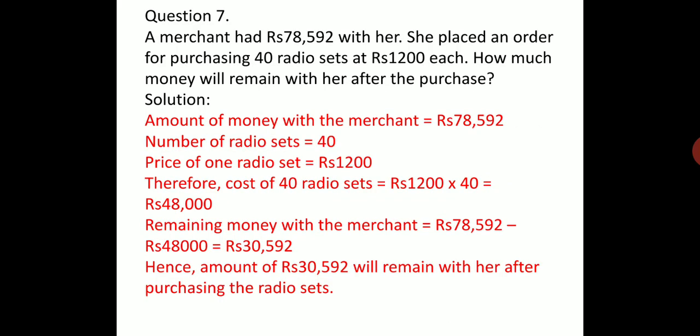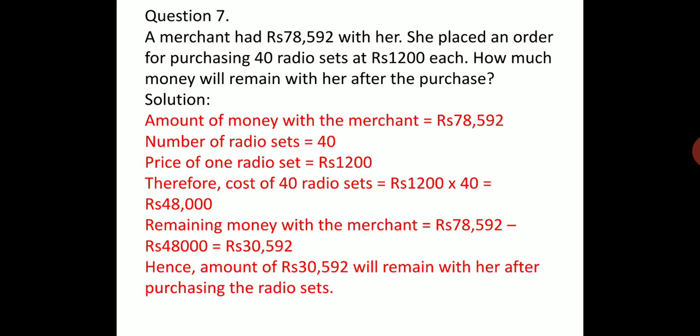Question number 7 now. On the next slide you can see a merchant had rupees 78,592 with her, and she placed an order for purchasing 40 radio sets at rupees 1,200 each. So the cost of one radio set is 1,200.